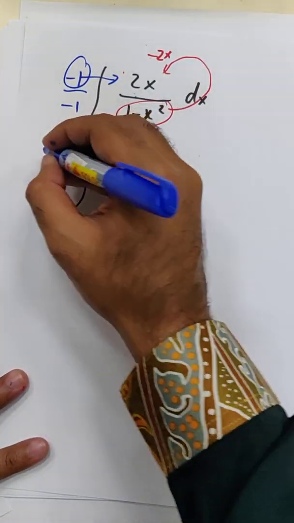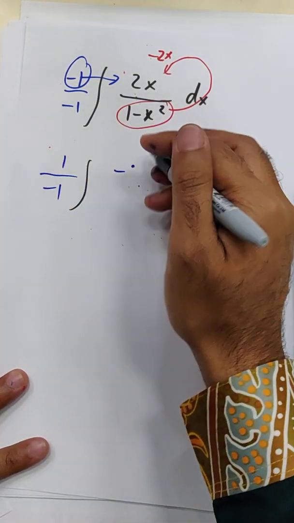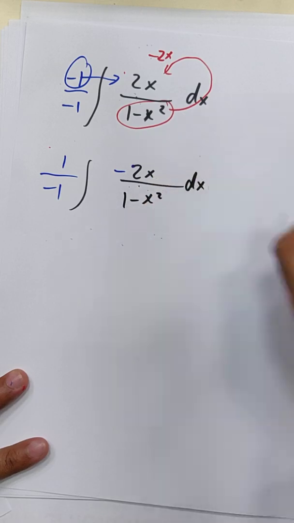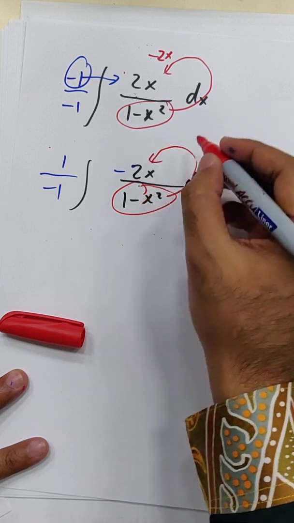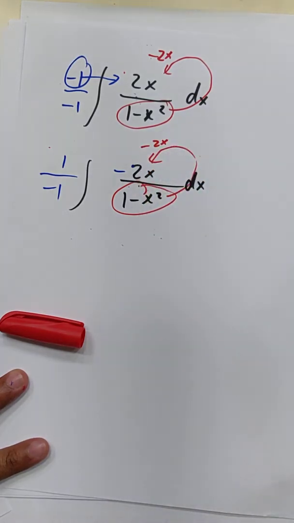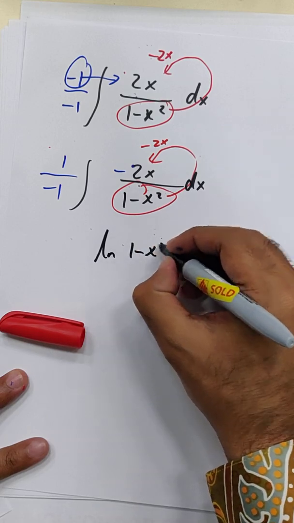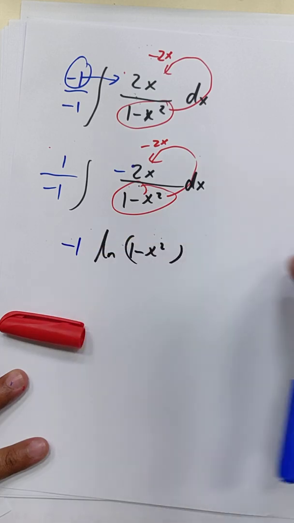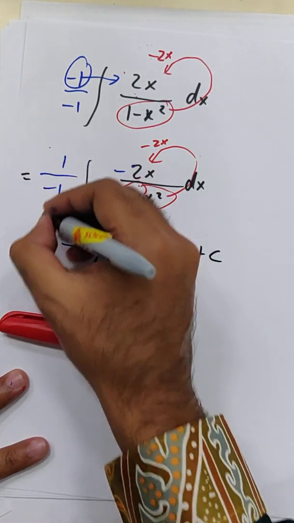So it becomes 1 over negative 1, negative 2x. So now if you differentiate down here, it's not much of a problem anymore. Ln 1 minus x squared. 1 over negative 1, what do I get? Negative 1 plus c.